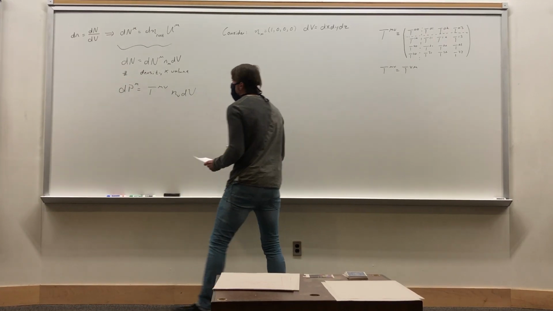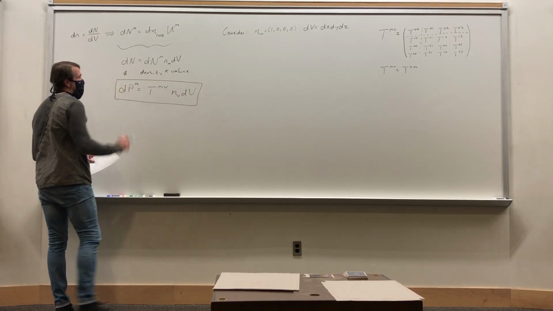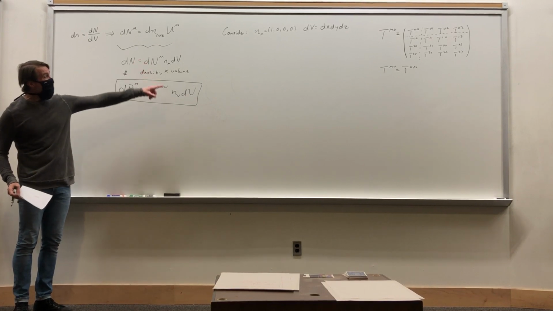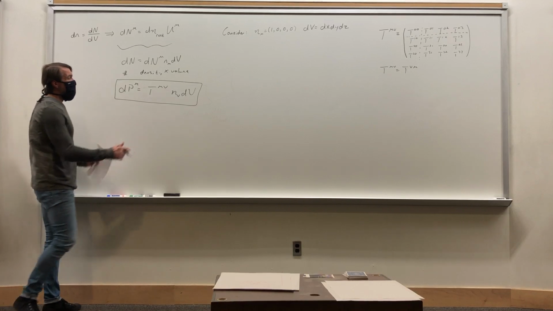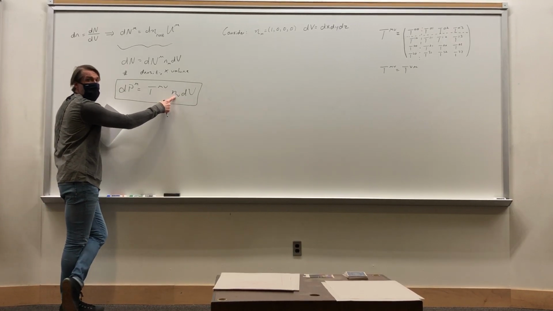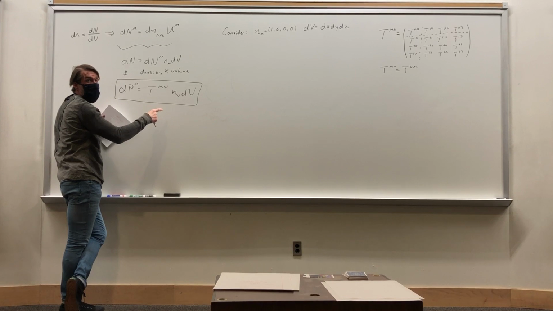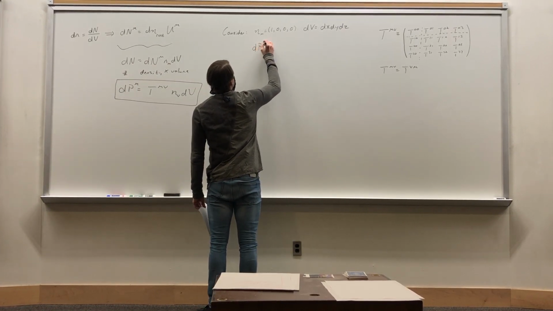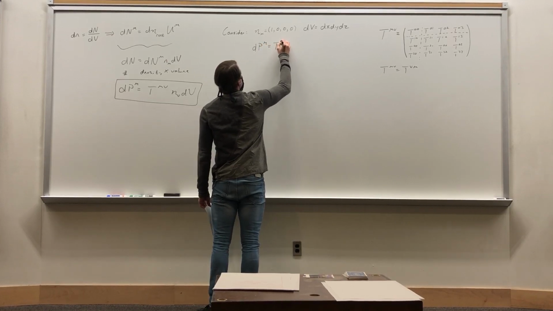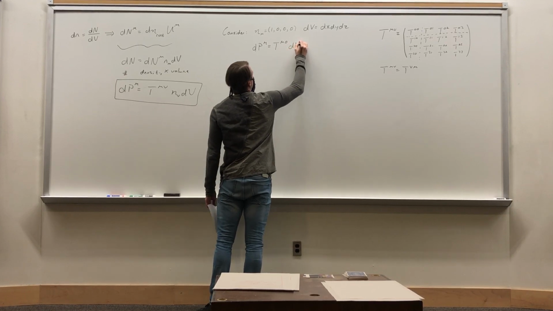Now what we're going to do is take this expression, which I said will be valuable, and simply plug in that normal vector. Now remember, we sum over all of the components because nu is repeated, but the only non-zero component of this vector is the first one, and it's 1. So in this case, we can write dP^mu is T^mu0 times 1 times dV.